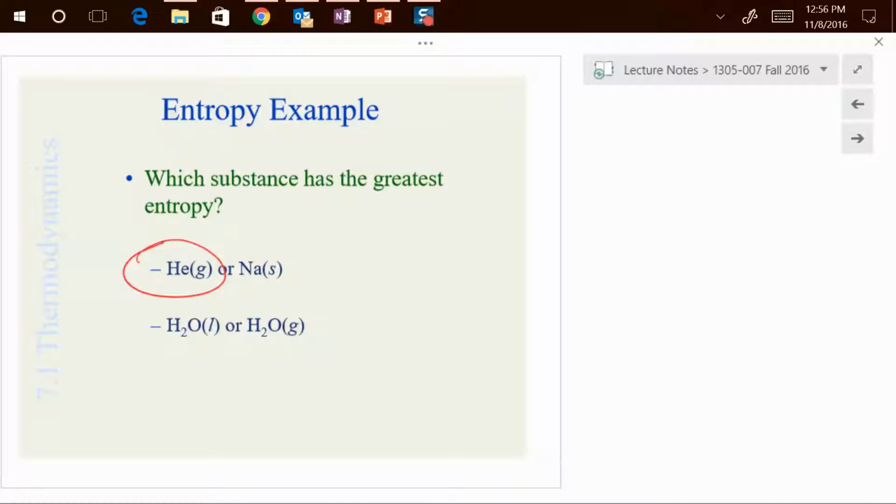Liquid water or gas vapor. Which one is more disordered? The liquid or the gas? The gas. The gas has the greatest entropy because it is the most disorderly. Okay?